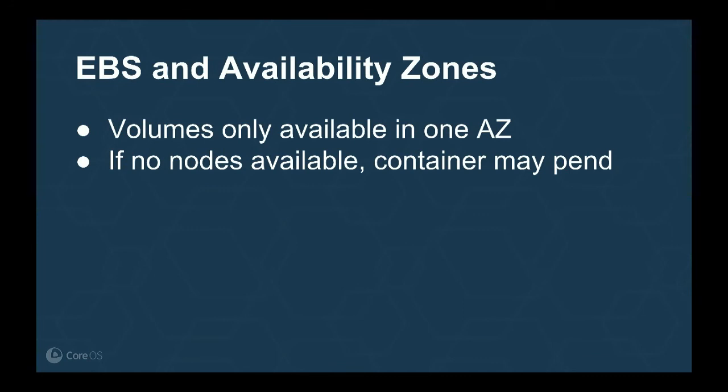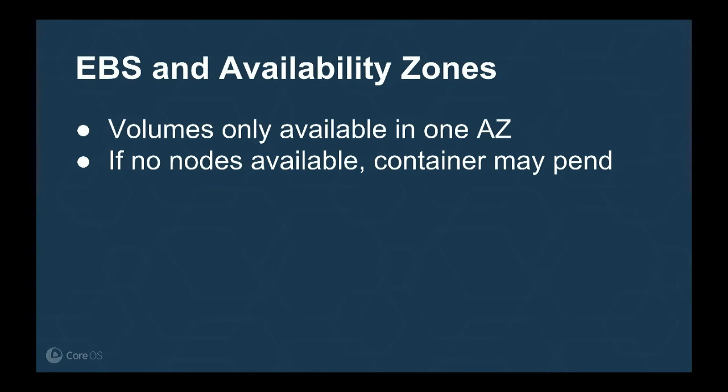Therefore, the application will stay in pending mode forever until it gets restarted into a node that is part of the availability zone where that EBS volume is. So this is something that should be understood when large applications are used in place.